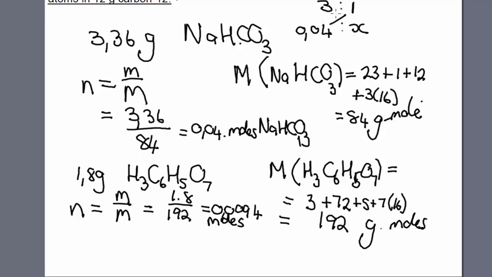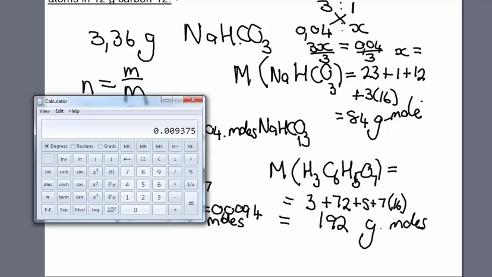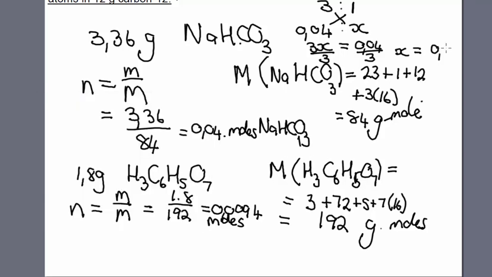We multiply crisscross and we get 3x is equal to 0,04. We divide this by 3 to get x on its own, and 0,04 divided by 3 gives me 0,01 moles.